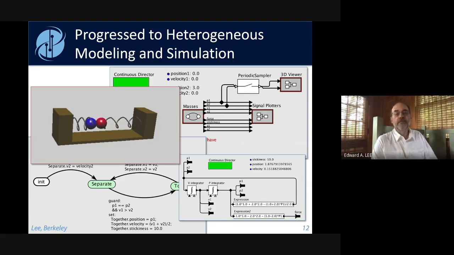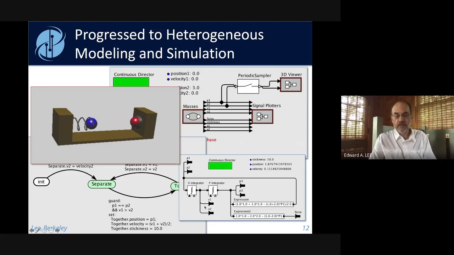And this is a very simple instance of a model that, if you try to write down a single differential equation for the behavior of this thing, is exceedingly difficult to do because of this transition between modes of operation. And so by being very explicit about the mode switches, you can come up with much simpler differential equation models.